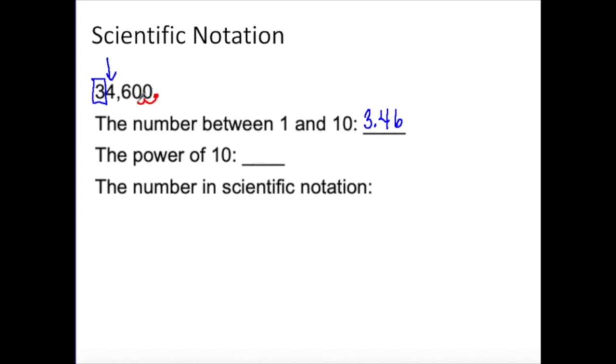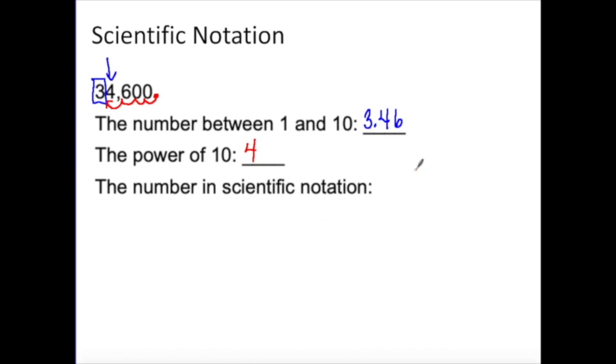Moving it again tells me that's 2 powers of 10, 3, 4. So when I have the decimal here between the 3 and the 4, the power of 10 is 4 because I had to move it 4 times. 1, 2, 3, 4.